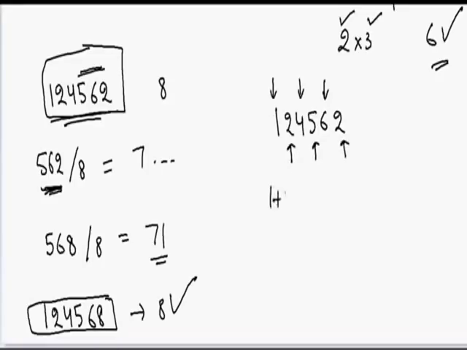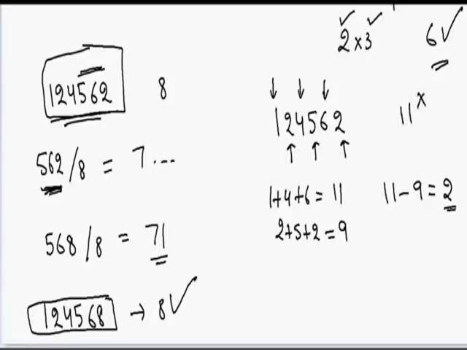So 1 plus 4 plus 6, that's 11, and then 2 plus 5 plus 2, that's 9. If I subtract 9 from 11, that gives me 2, and 2 is not a multiple of 11, so this number should not be divisible by 11.